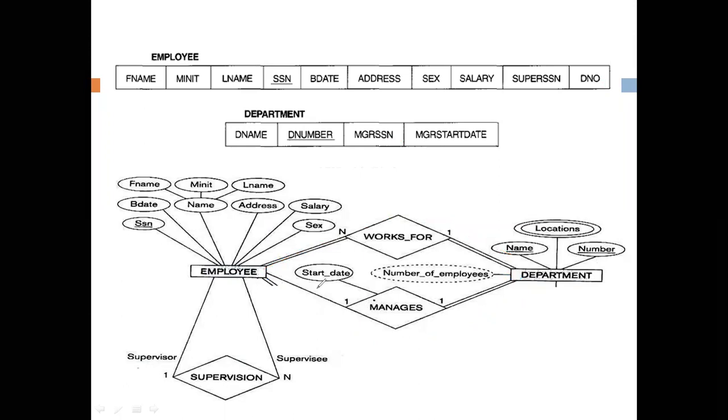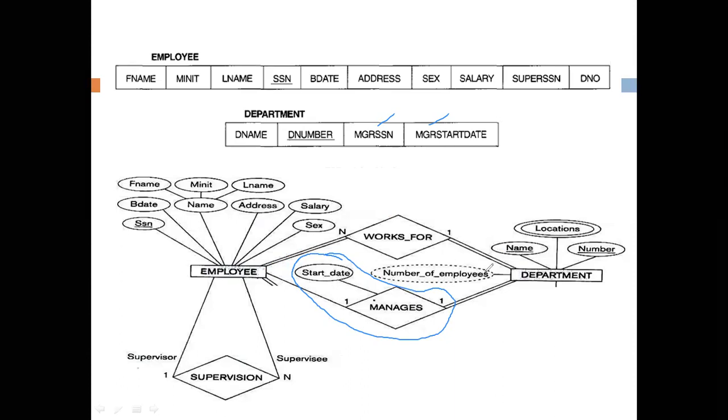Now let us indicate this relationship. Manager SSN will come from the employee, through this particular relationship, and manager start date is the additional attribute of the relationship. If you observe here, for this manager relation, the start date is the attribute.